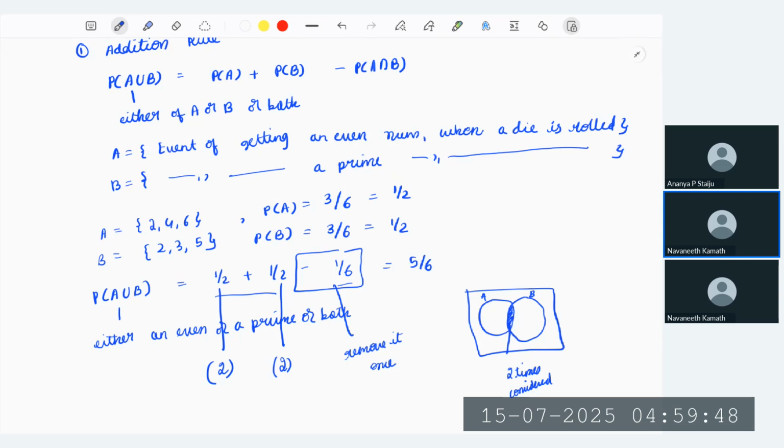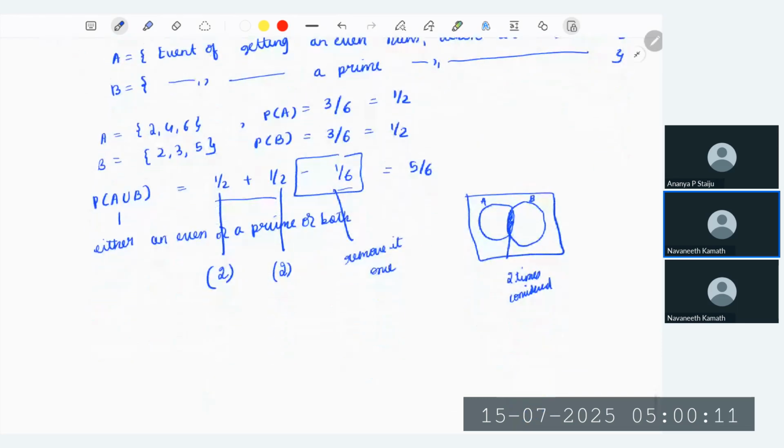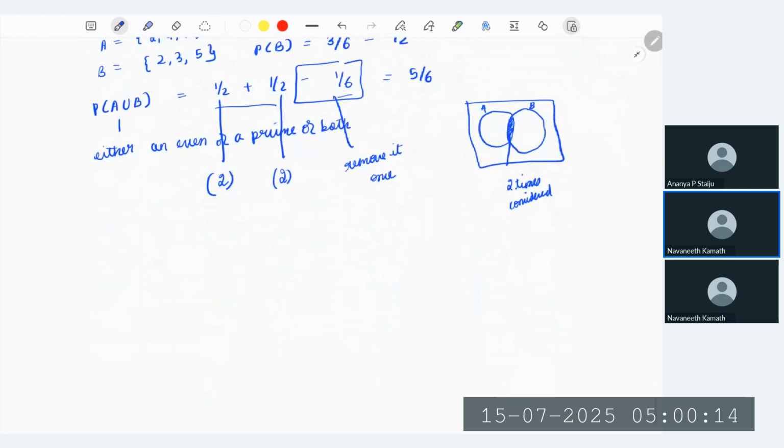Okay. Now the next thing in this: this is a general purpose rule. If two events are mutually exclusive, what will happen?